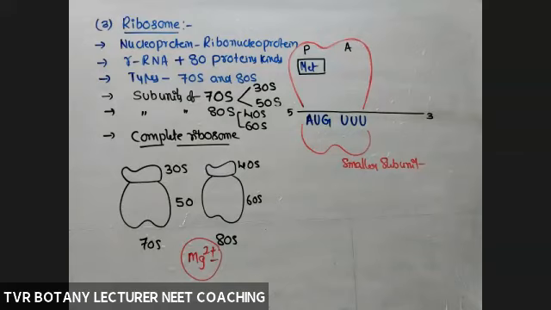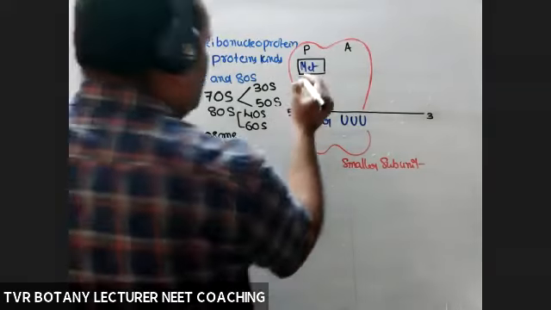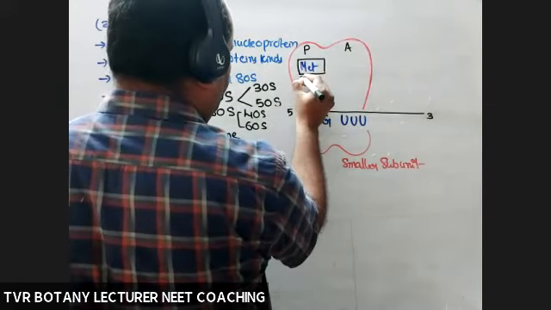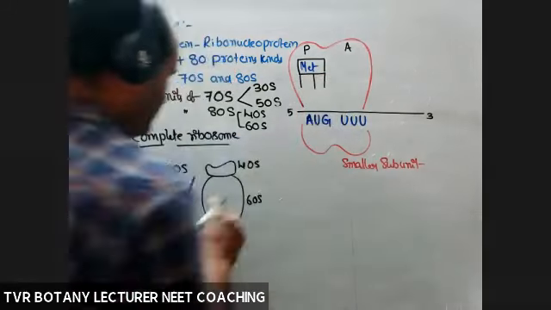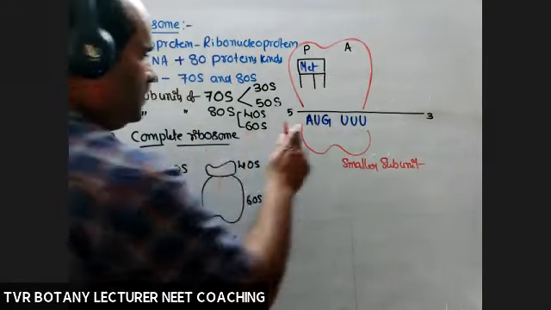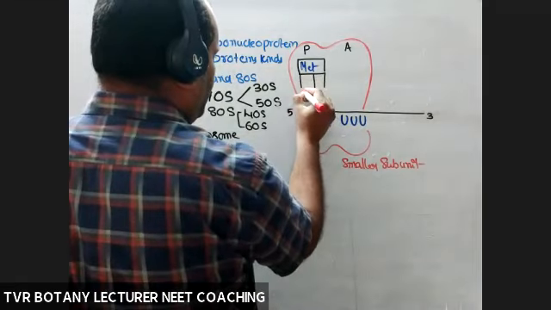Definitely a tRNA molecule. And what about the anticodon of that tRNA molecule? It is with A. A means complementarity.